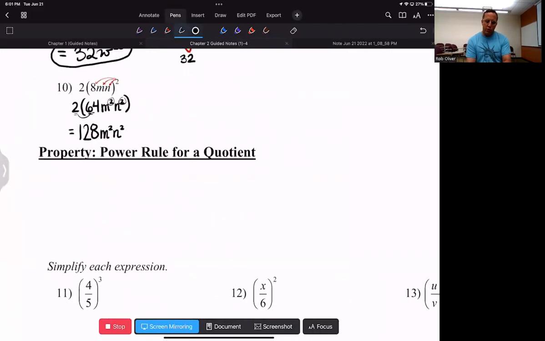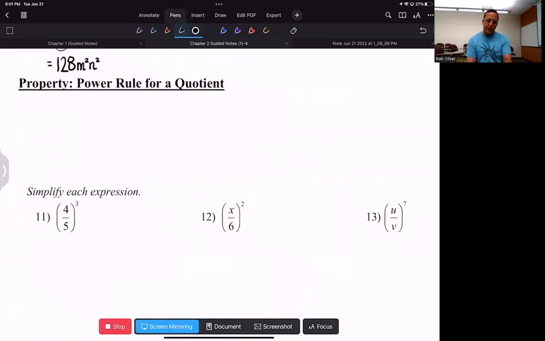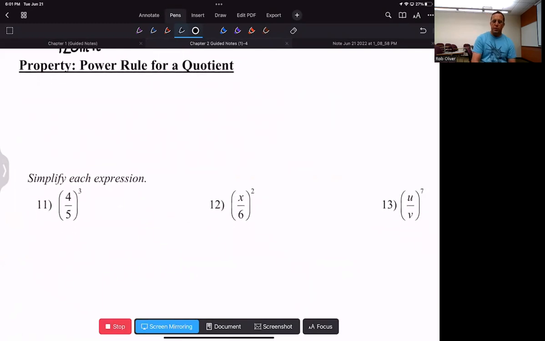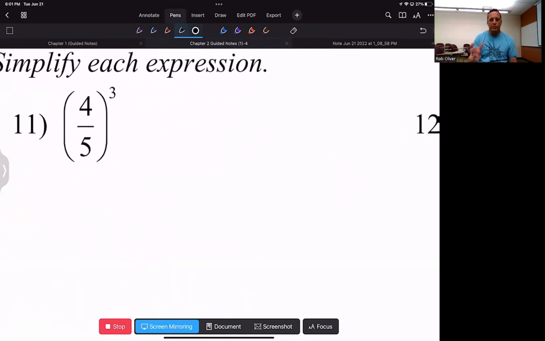Okay, so the next one, power rule for a quotient. And really, we're not doing anything different here. Power rule for a quotient is where you just have a fraction in there, and we're going to apply that exponent, the power part, to every part of the ratio or the fraction.